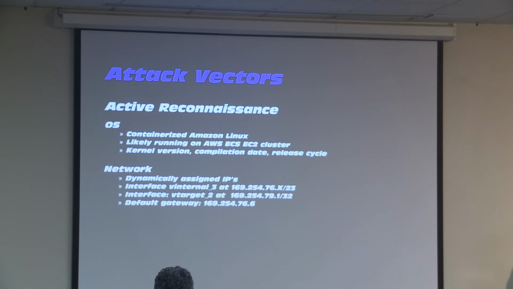I think what I forgot to do was a uname -a, but it'll tell you that it's running an Amazon Linux container. Again, I'm just presuming that it's running on an AWS ECS EC2 cluster. They're probably going to drink their own champagne, eat their own dog food. They're going to use their own technologies to run this, and ECS just seems the only logical way to do that for AWS.